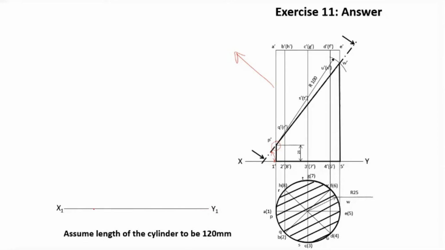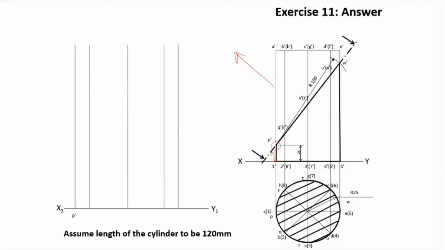Now in this line, we mark this distance, P dash, W dash distance is marked here, and all the corresponding points, P dash, Q dash, R dash, S dash, T dash, U dash, V dash, W dash, all these distances are marked here, like this.